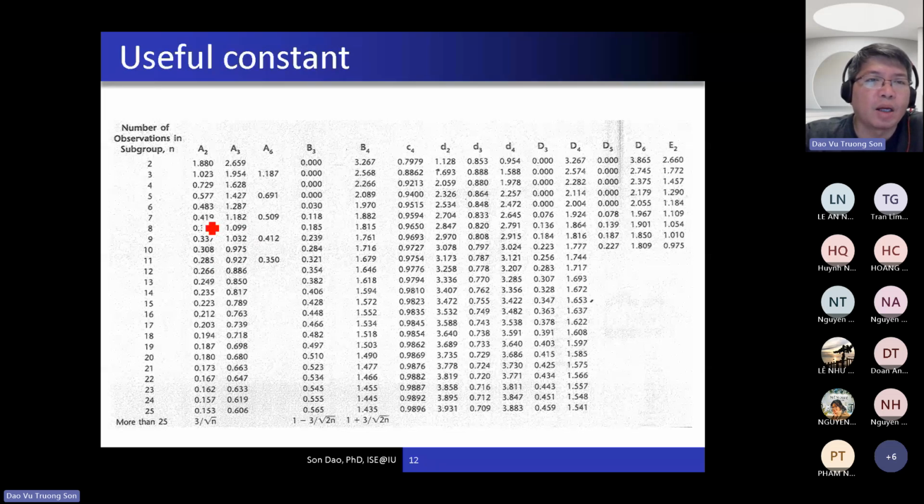You can see the first column, the number of observations in each subgroup, and this is N. How many samples do we have in each subgroup? Remember, we take 6 vials every 5 minutes. So N is 6, and we use this row. We need to find A2, which is 0.483.